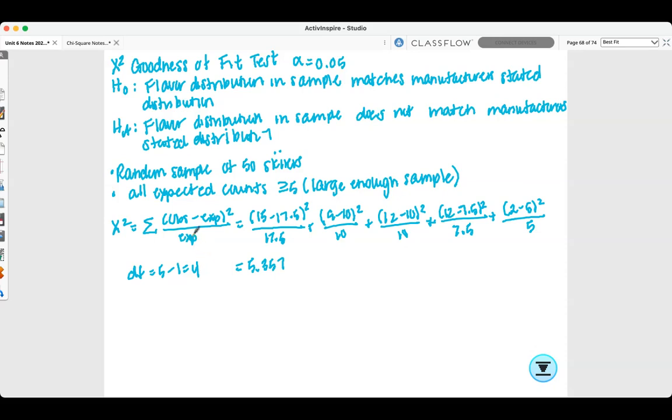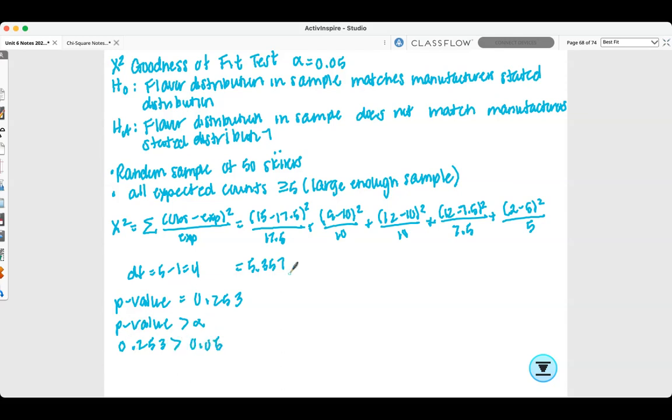So you can go ahead and put this in your calculator. You have the chi-squared GOF, goodness of fit test, under test. And we would get a p-value of 0.253. So my p-value is greater than alpha because 0.253 is greater than 0.05.